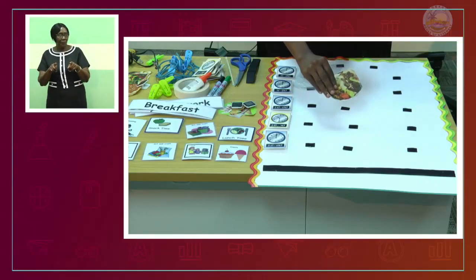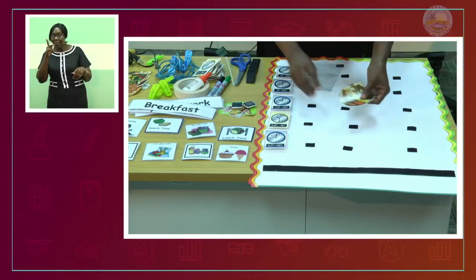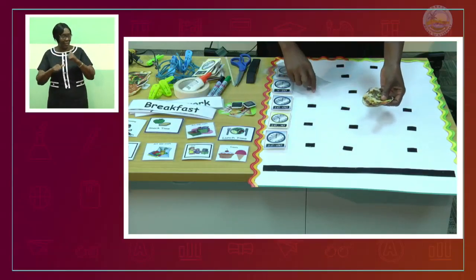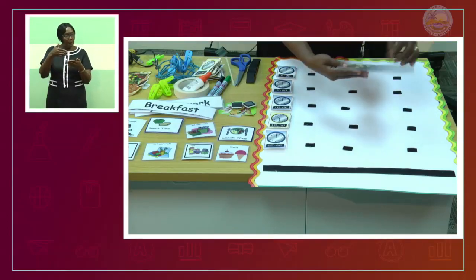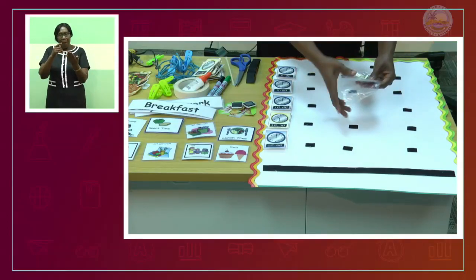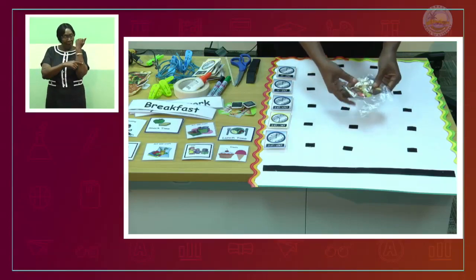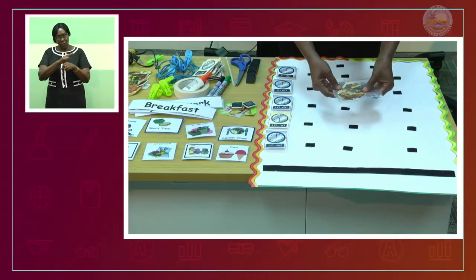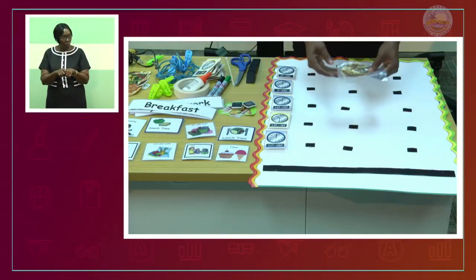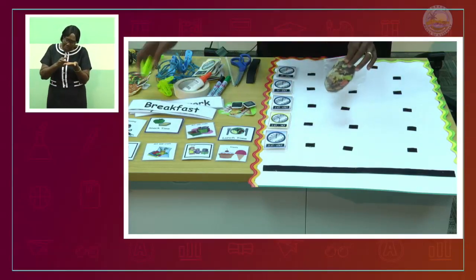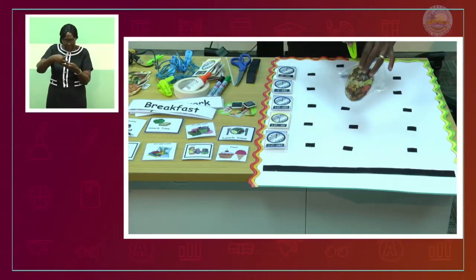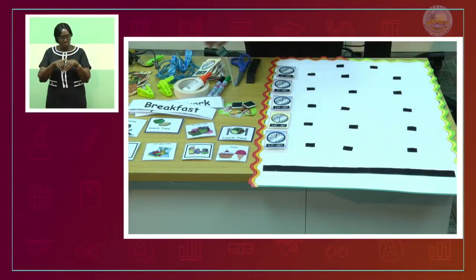You can get nice pictures for the food, and you can look for activities through your magazines, and you can cut them out, place them in a small plastic bag or any piece of plastic, and you can have that to use. You can also glue it or pin it, right? So we all have clothespins. You can pin it, and I will show you how that can be done.